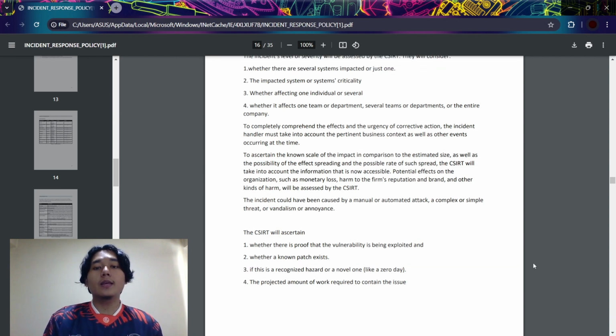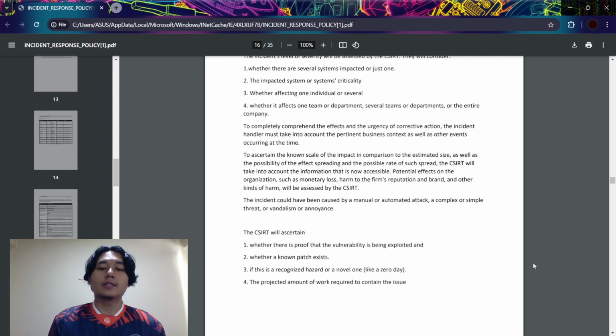To completely comprehend the effects and the urgency of corrective action, the incident handler must take into account the pertinent business context as well as other events occurring at the time, to ascertain the known scale of the impact in comparison to the estimated size, as well as the possibility of the effect spreading and the possible rate of such spread. The team will take into account the information that is now accessible.